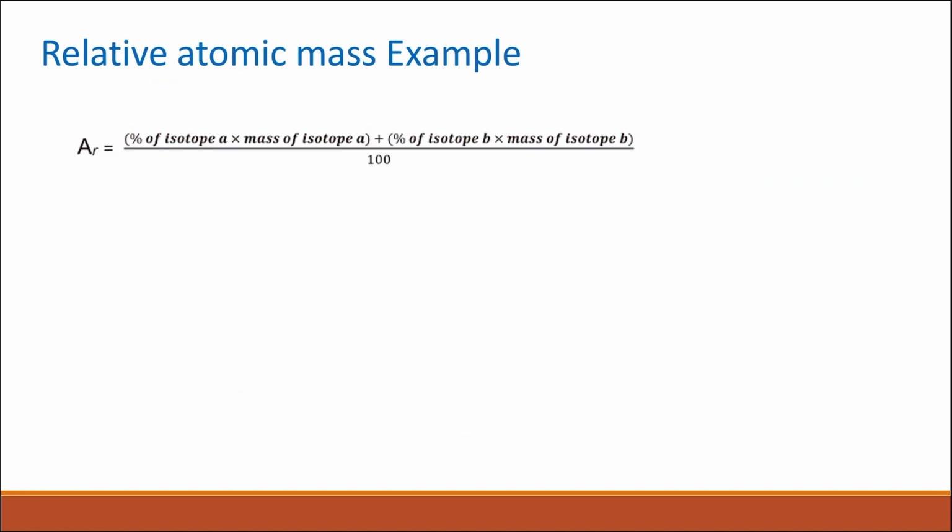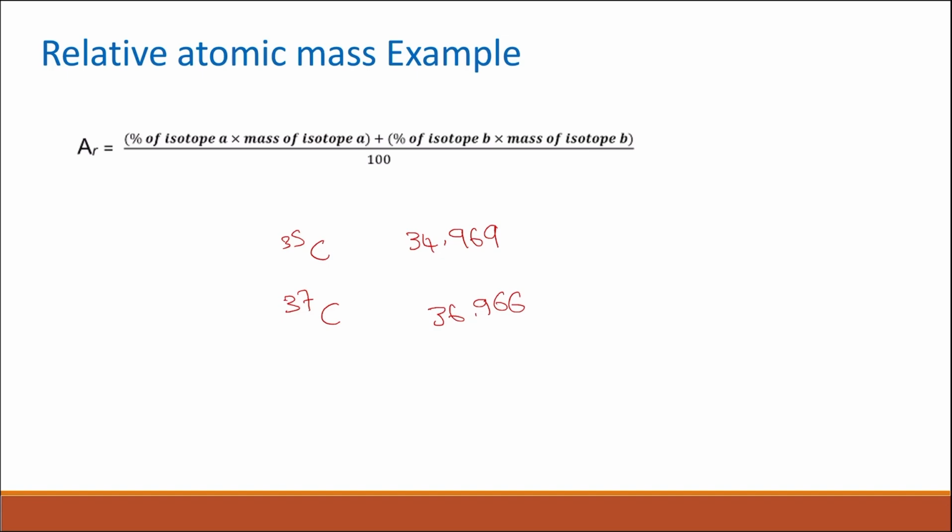So let's find the relative atomic mass of chlorine. Chlorine has two isotopes, chlorine 35 and chlorine 37. The mass of chlorine 35 is 34.969, and the mass of chlorine 37 is 36.966.